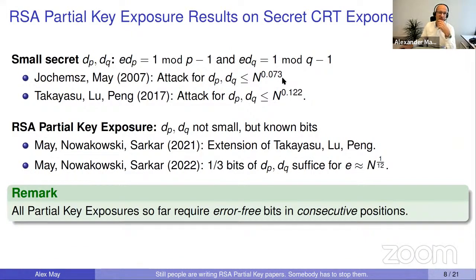And then it took 10 years until this super nice result of Takayasu, Lu, and Peng, who showed actually at Eurocrypt 2017, like 5 years ago, that you can kind of dramatically improve this bound, right? So first they showed at Eurocrypt it's 0.5-something, like this. And then they made a journal version, and they even showed this bound, 0.122.